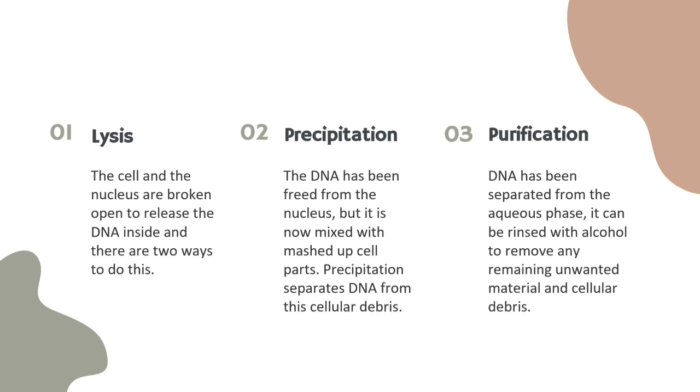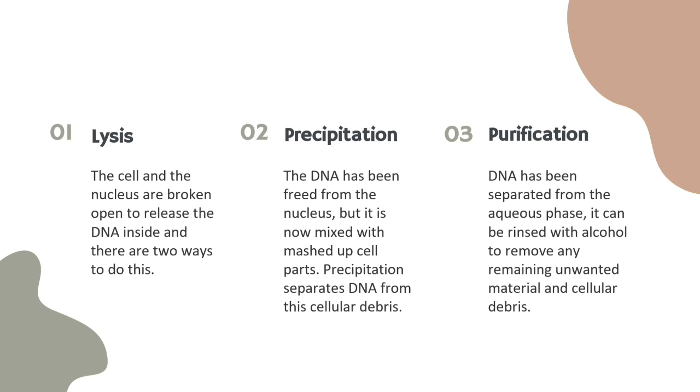This can be done with a tissue homogenizer, which is like a small blender, with a mortar and pestle, or by cutting the tissue into small pieces. Mechanical disruption is particularly important when using plant cells because they have a tough cell wall. Second, lysis uses detergents and enzymes such as proteinase K to free the DNA and dissolve cellular proteins.